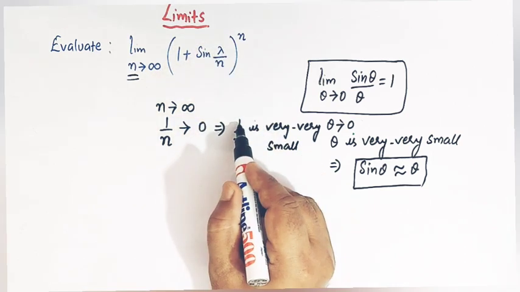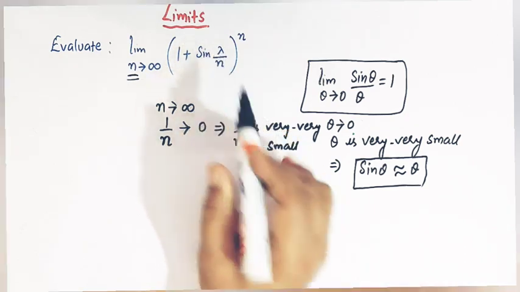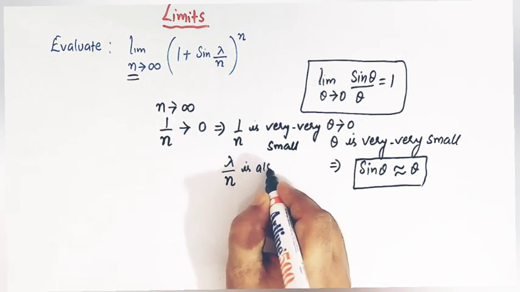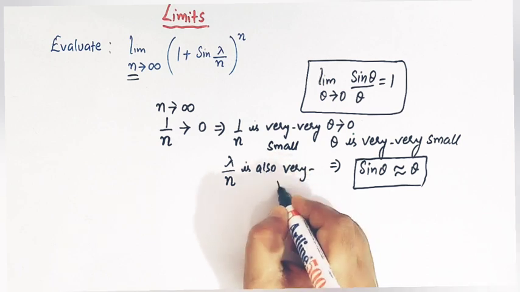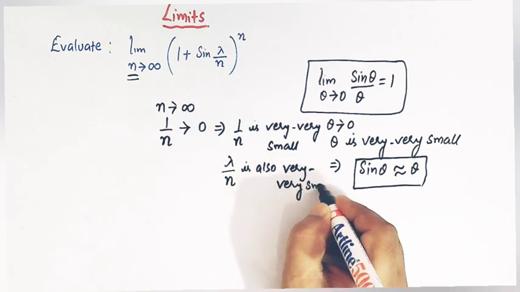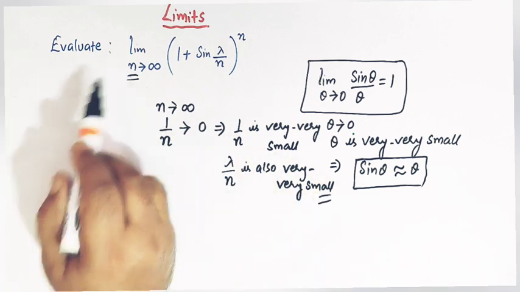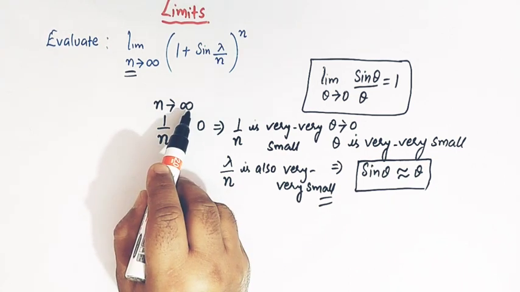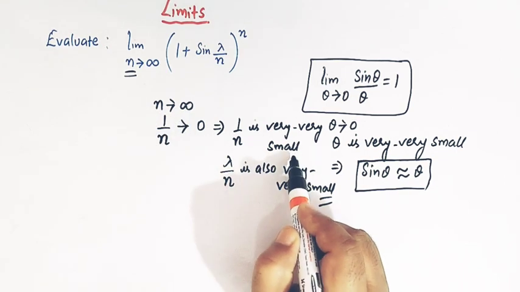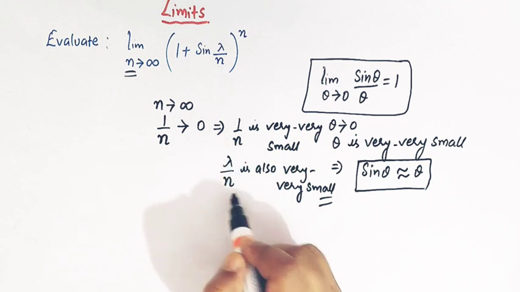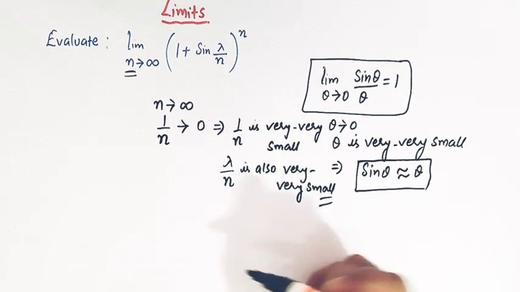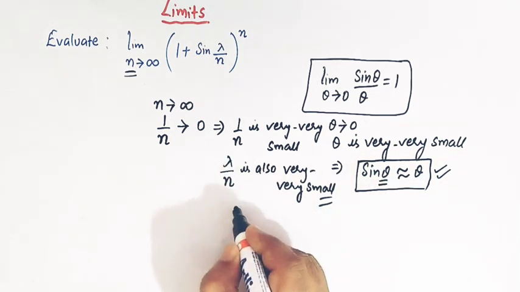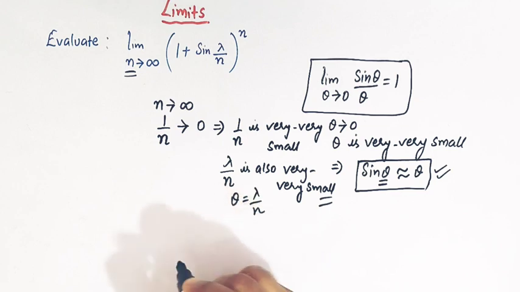And when we multiply 1 over n by some real number lambda, then lambda over n is also very small. This is an important concept while evaluating this limit. So when n tends to infinity, 1 over n is very small, and lambda over n is also very small.